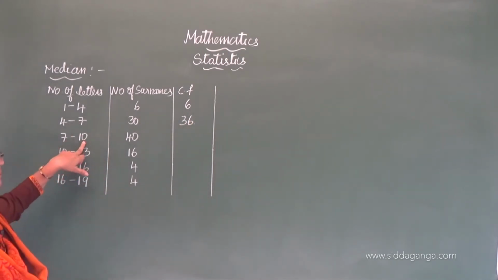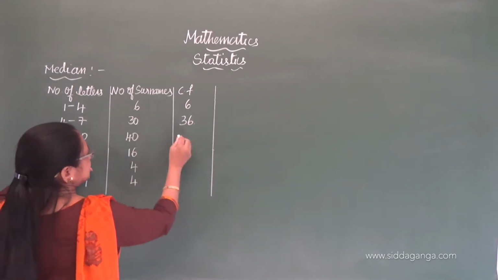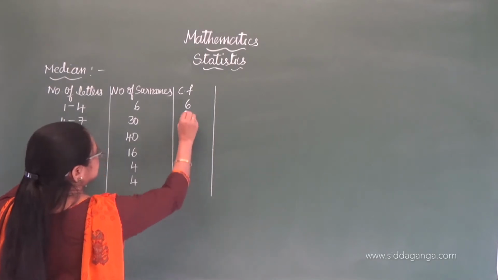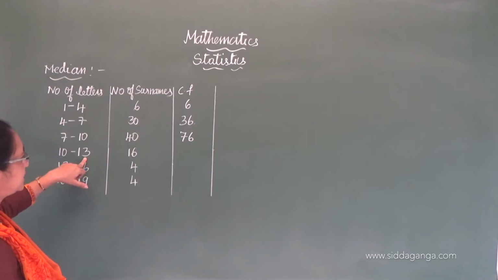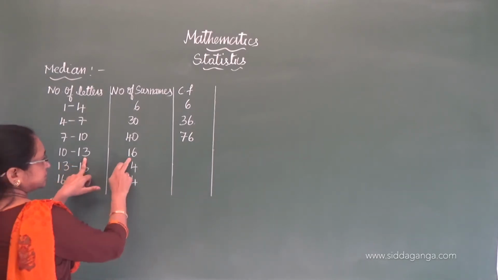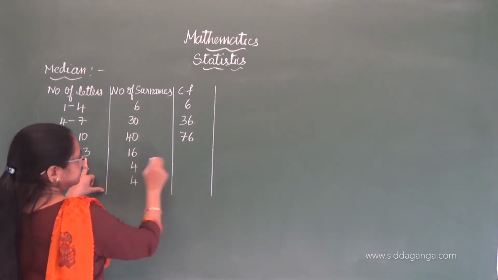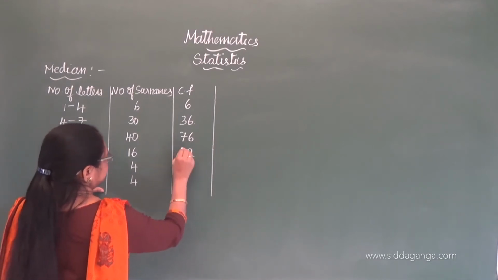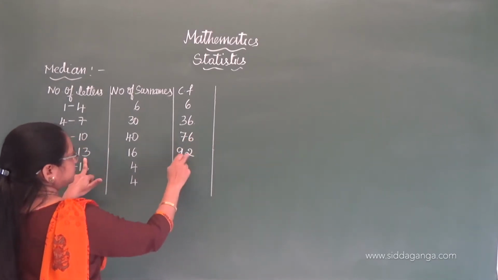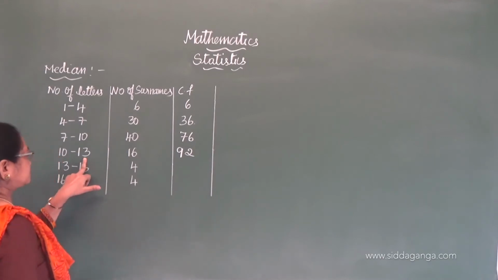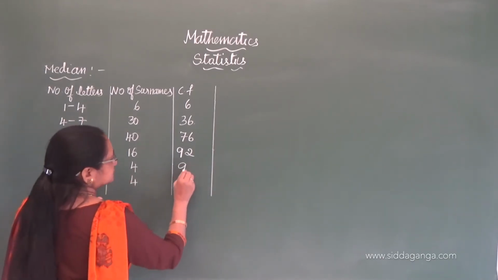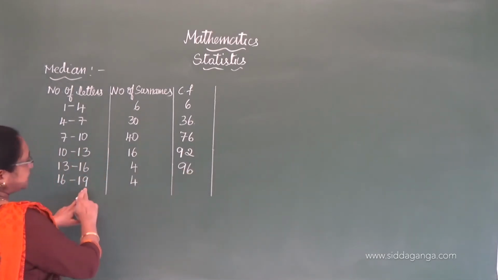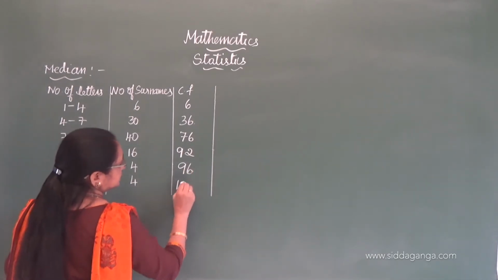Less than 10, so 36 plus 40, 76, correct? Less than 13, so for 76 you have to add 16, 92. Then less than 16, 96, so less than 19, add 4, so 100.